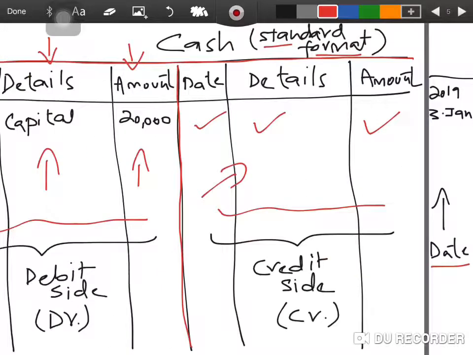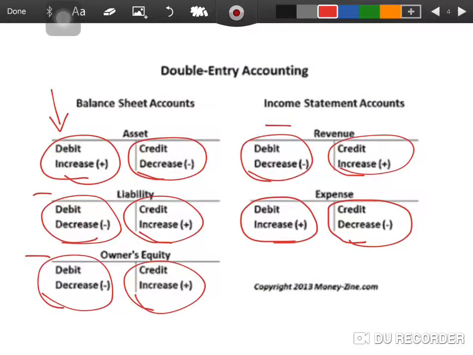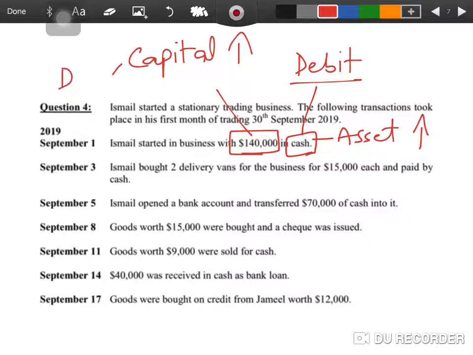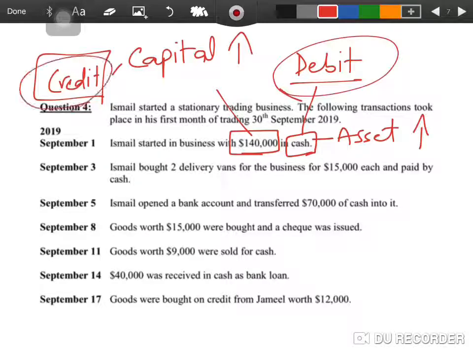So if we go back to the rules again, whenever the owner's equity or the capital goes up or increases, we record it on the credit side. So according to this rule, since capital is going up, it is going to be recorded on the credit side. So we know that cash is going to be debited and capital is going to be credited.